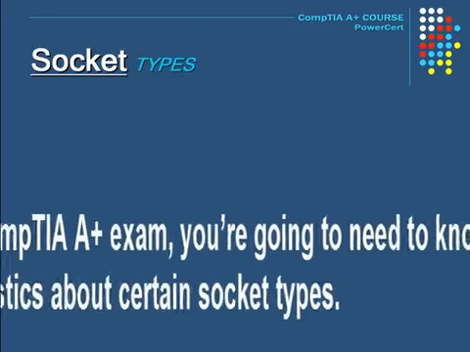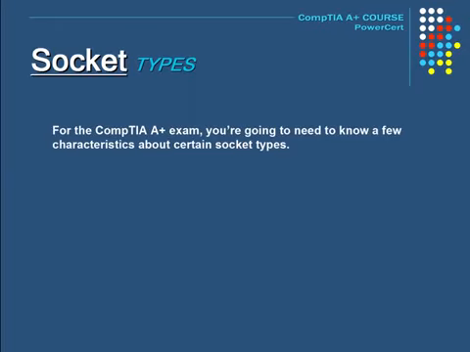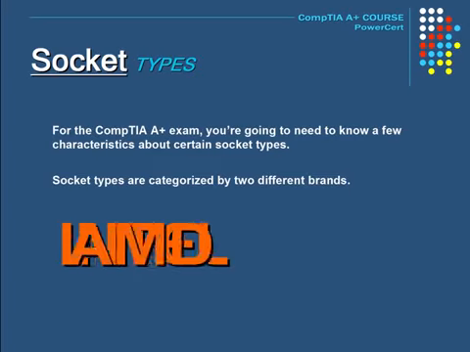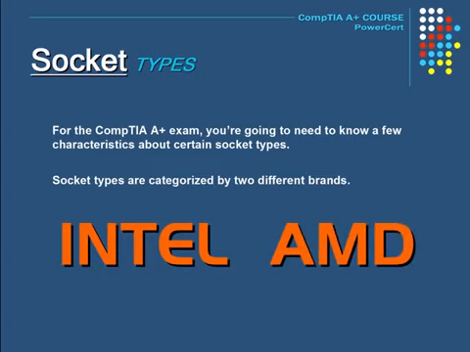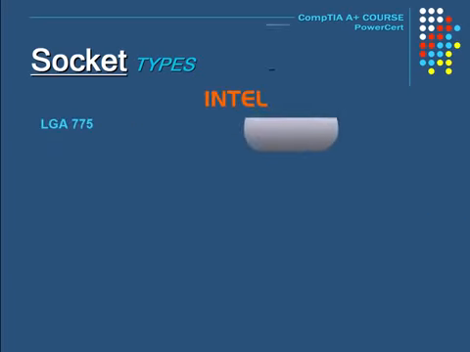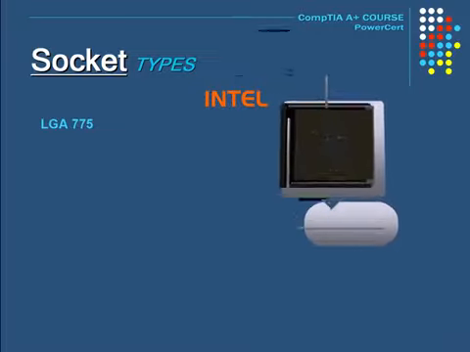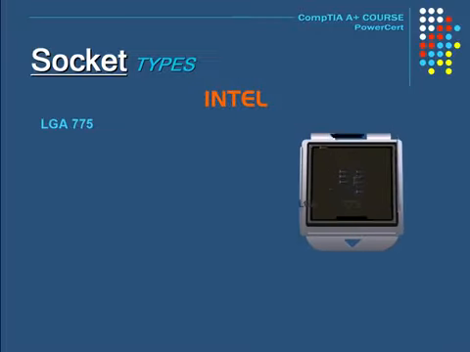For the CompTIA A+ exam, you're going to need to know a few characteristics about certain socket types. And these socket types are categorized by 2 different brands. There is Intel and there's AMD. So starting with the Intel sockets, which use the LGA package, the first one that we're going to talk about is the LGA 775 socket.